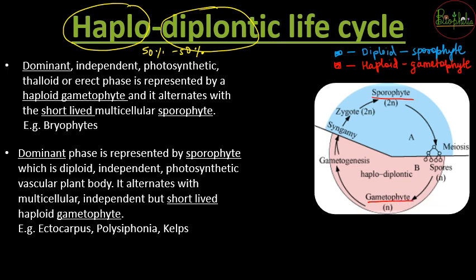So let's understand the two cases, because both are in 50-50 conditions, both have equal probability to be dominant. So if by any chance the dominant phase is, or the independent photosynthetic phase is going to be haploid gametophyte, and if there is a short lived sporophyte, then यहाँ पे क्या हो रहा है.